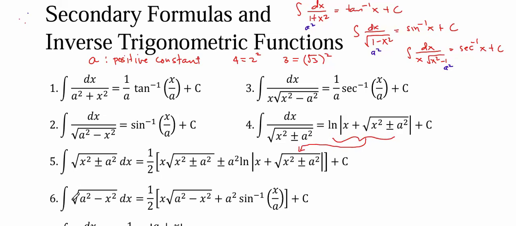Now for number 6, looking at 2 and 6, when you integrate this, that's number 6. Part of our answer here is this. The answer is 1/2 x times the radical that is here, always plus, plus a squared times arcsine of x over a.